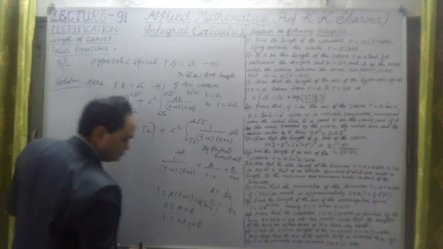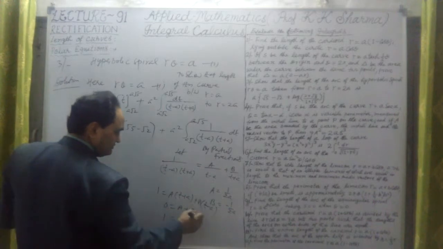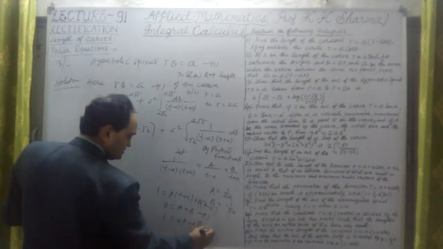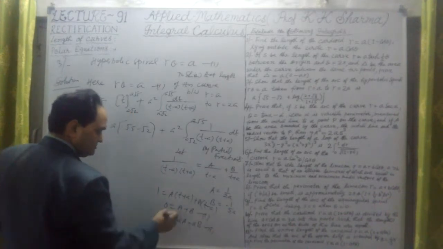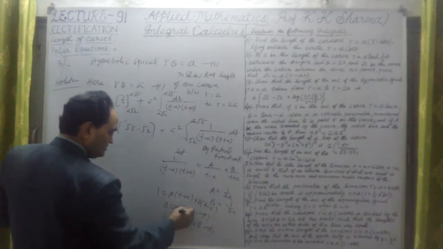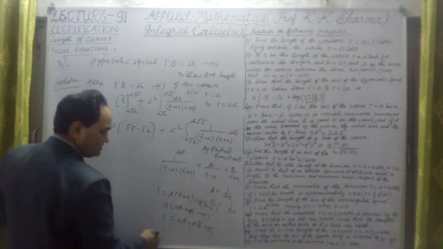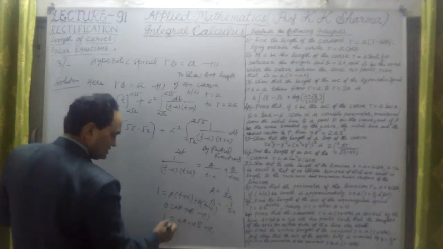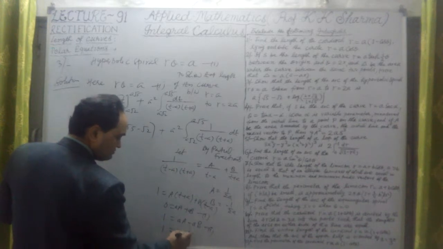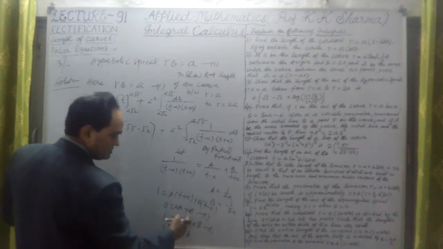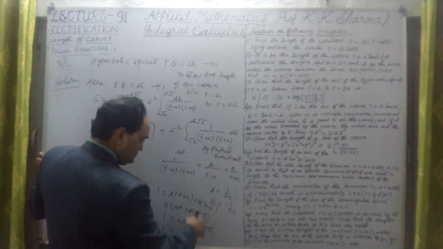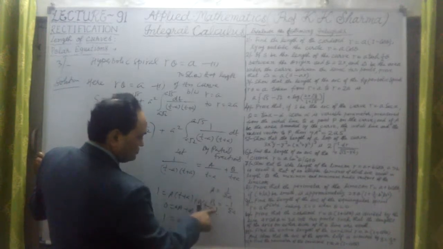I'm solving these two equations. If I multiply the first equation by a and then add the first and second, it will be 1 equal to twice a into A. The terms ab minus ab are 0. Therefore A is equal to 1 upon 2a.